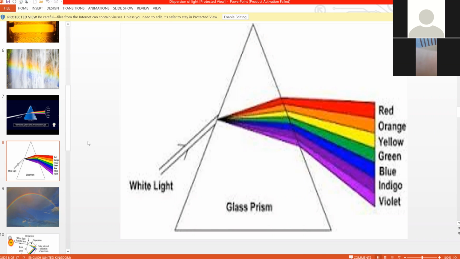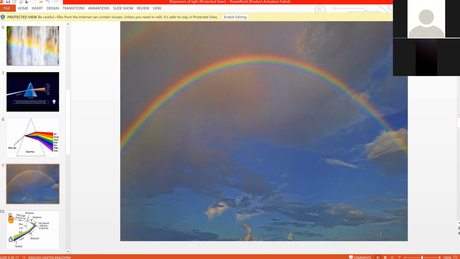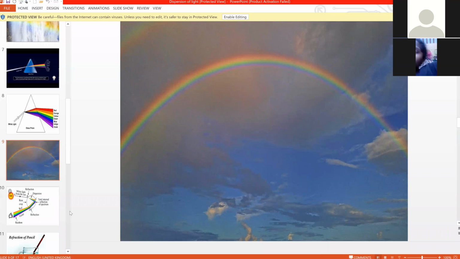Okay, so now let us see how the rainbow is formed. You can see the rainbow here. Let us see a droplet of rain and understand the refraction process in one water drop. We said that when sunlight comes from air and passes into the water, the light ray splits into different colors and forms a rainbow.